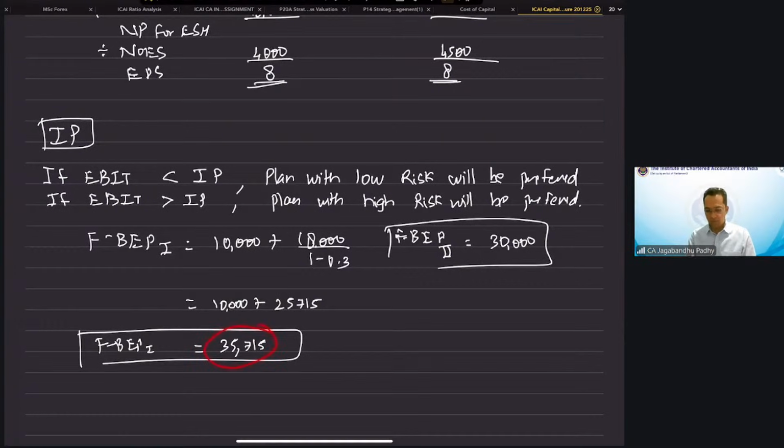The financial break-even point of the first is 35,715 and of the second is 30,000.